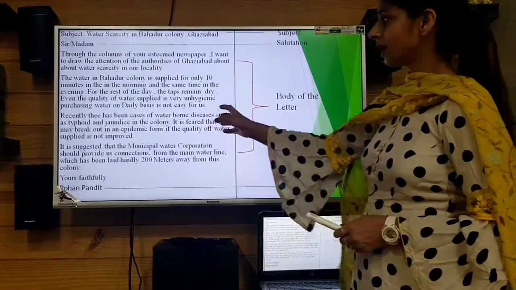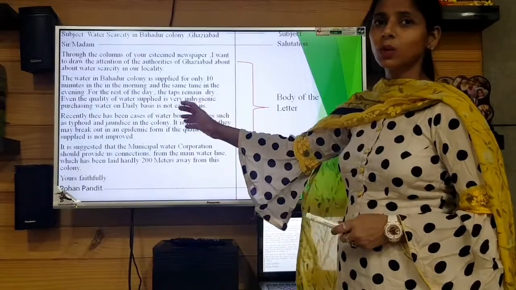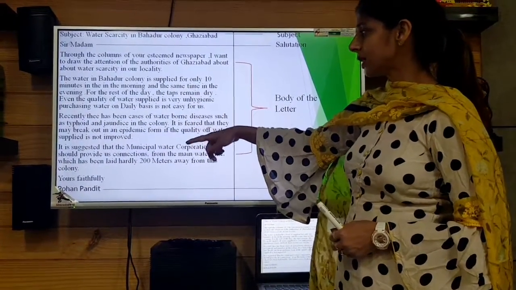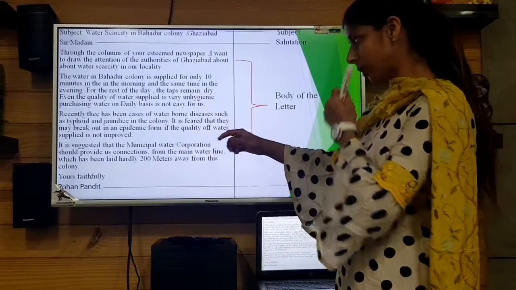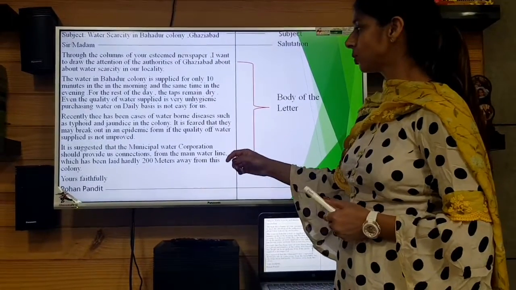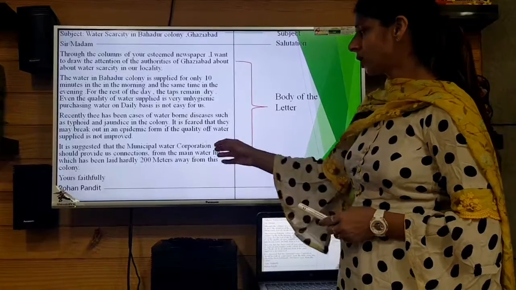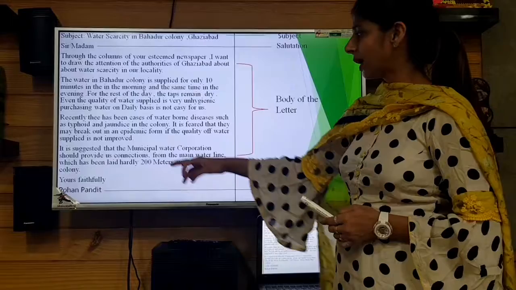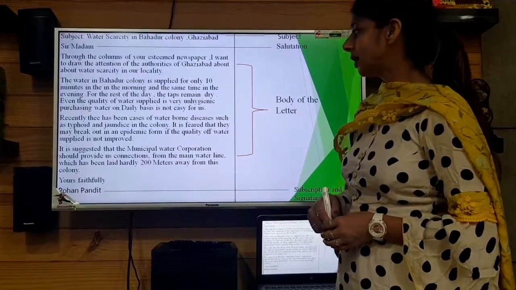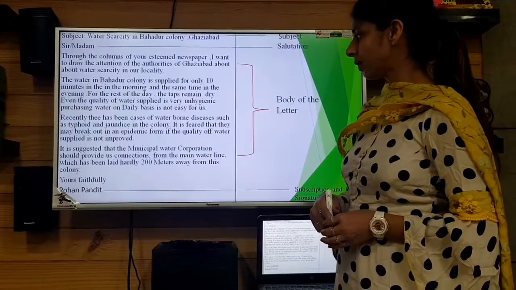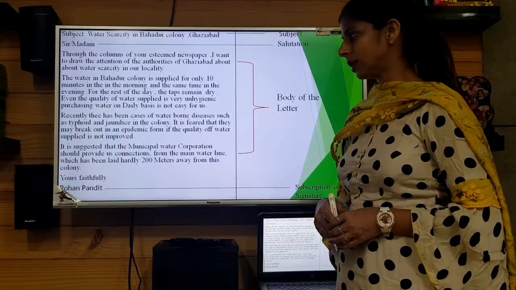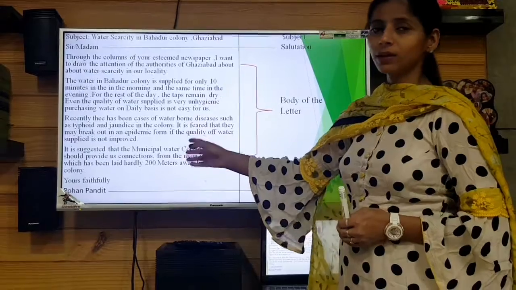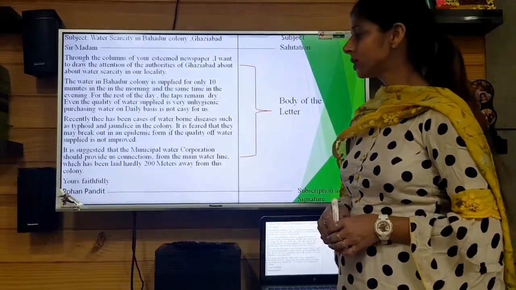So here we have taken up the effect of that, right? And then next one is, it is suggested that the municipal water corporation should provide us connections from the main water line, which has been laid hardly 200 meters away from this colony. So this is the suggestion. So here you are concluding with the suggestion.